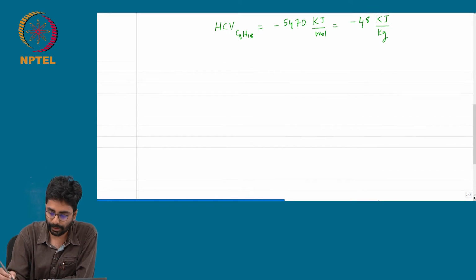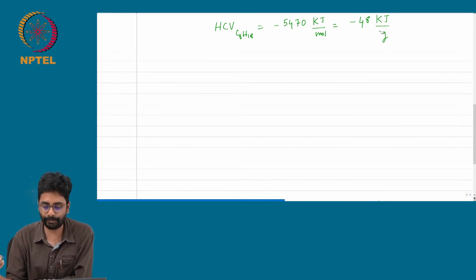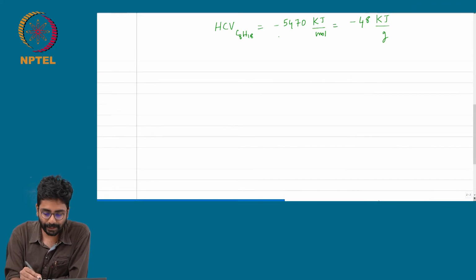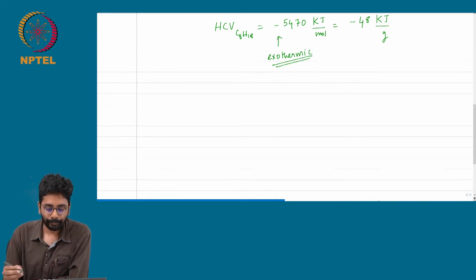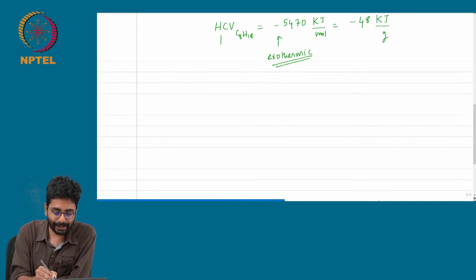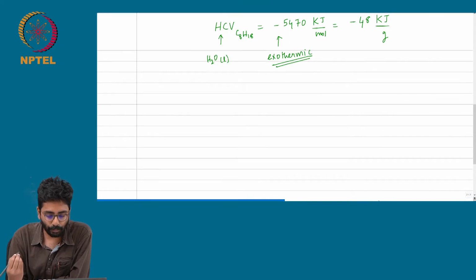Sorry, this is per gram. I have explicitly retained the negative sign because this is an exothermic reaction. And it is HCV when the final water is in liquid form.